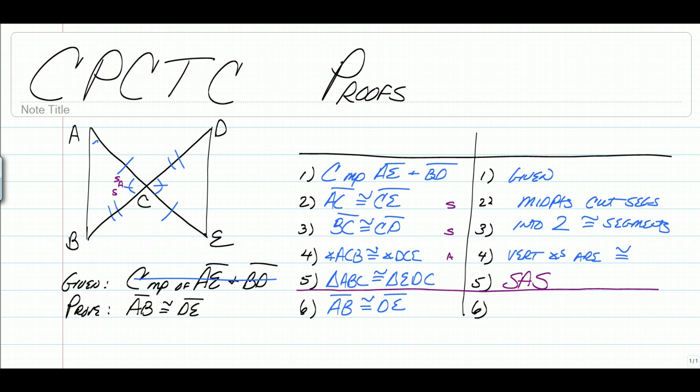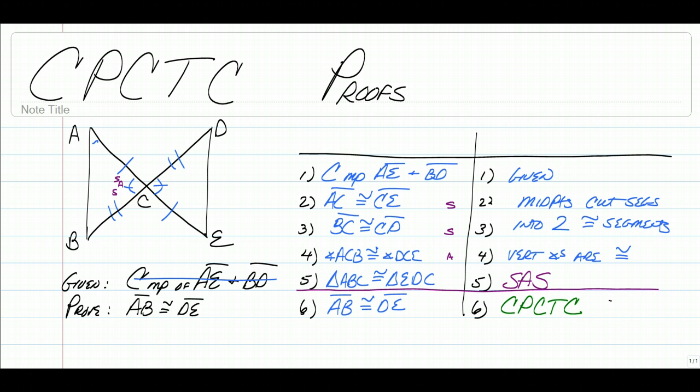We just have one new step. Once you've proven that the triangles are congruent, we know everything is going to be congruent. Angle A is congruent to angle E, angle B is congruent to angle D, and AB is congruent to DE, and the reason that all of those are congruent is because of corresponding parts of congruent triangles are congruent, also known as CPCTC. So that's it.